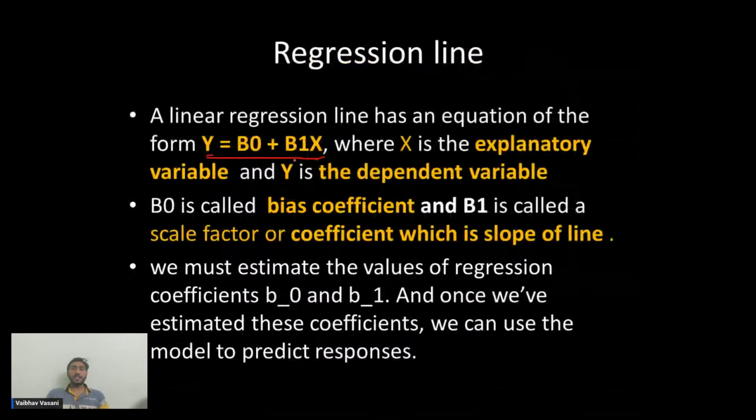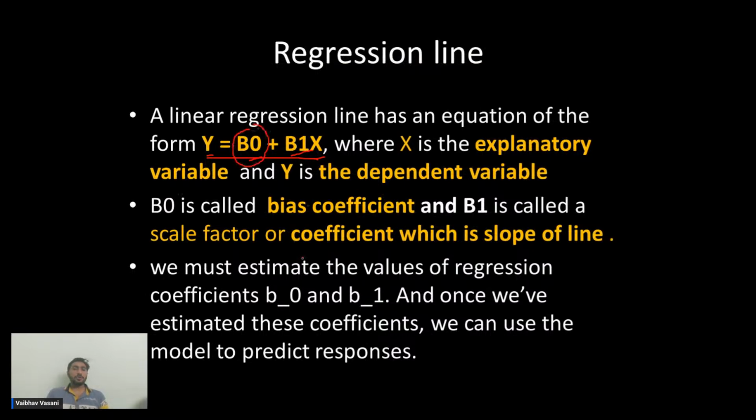So a linear regression line has the equation form y equals beta 0 plus beta 1x, or mathematically we use y equals mx plus c, where x is the explanatory variable and y is the dependent variable. We find a relationship between them, and the relationship provides the values of beta 0 and beta 1.